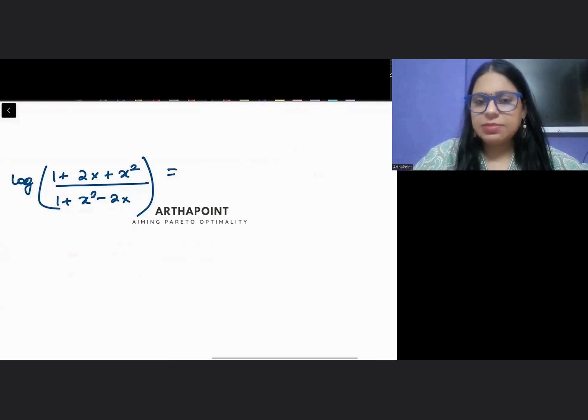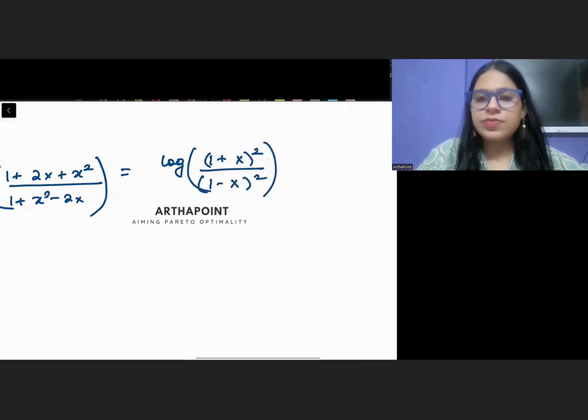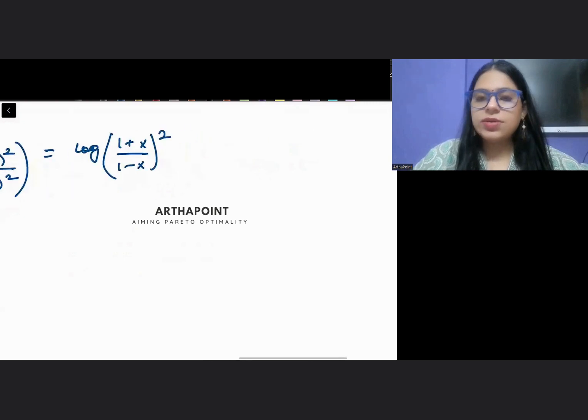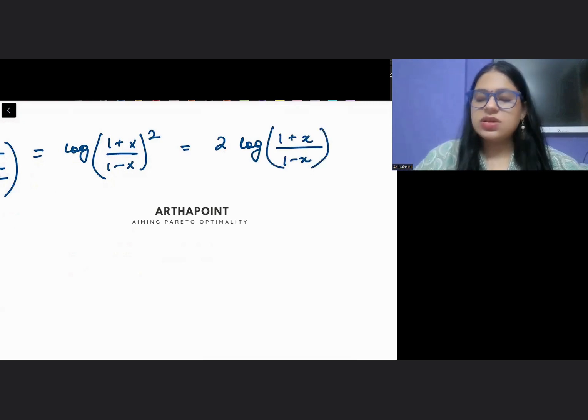Now, this can be written as log((1 + x)²/(1 - x)²). So this becomes log(((1 + x)/(1 - x))²), and then 2 comes out: 2 log((1 + x)/(1 - x)).